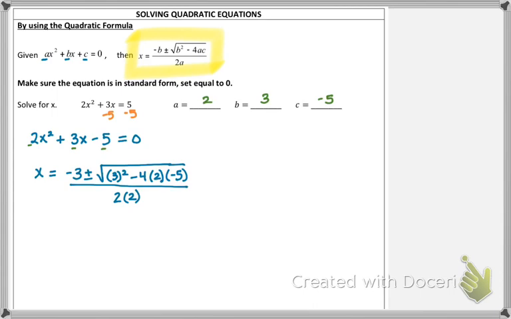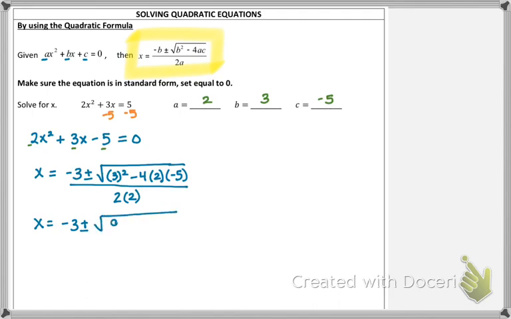So all we're doing in this first step, in the second step, is substituting what a, b, and c is into the equation exactly as it is shown. And then we're going to simplify. So we're going to simplify what's inside the square root first.